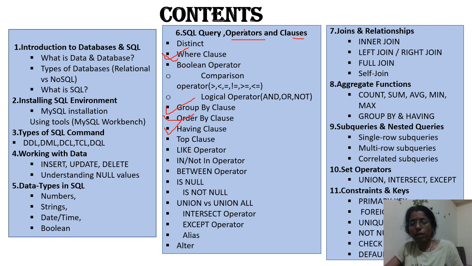Then your group by clause. From the words only you can know that it sounds like group. Group means combining. So how are we fetching the data as a group? It fetches identical, similar data as a group with the help of aggregate functions.